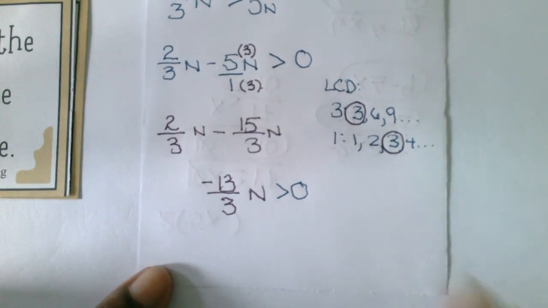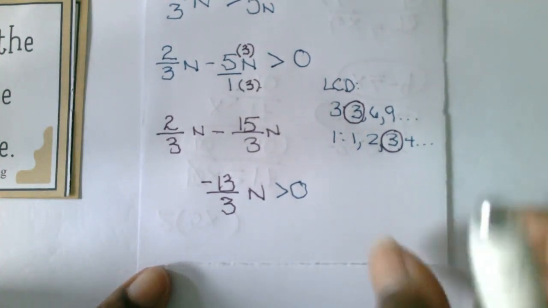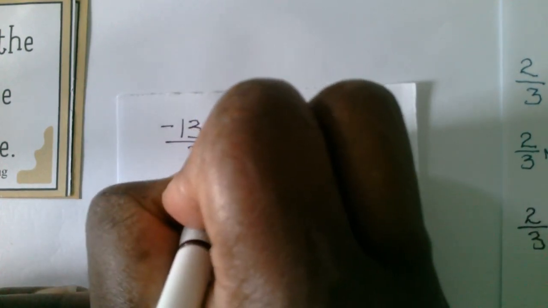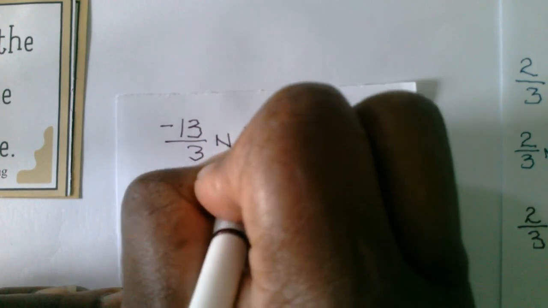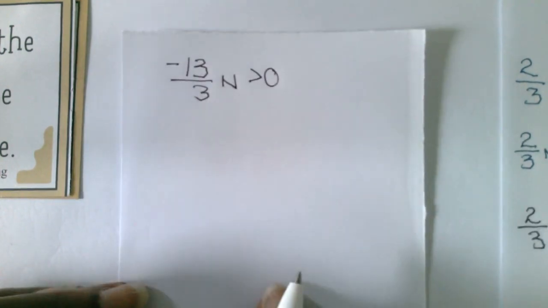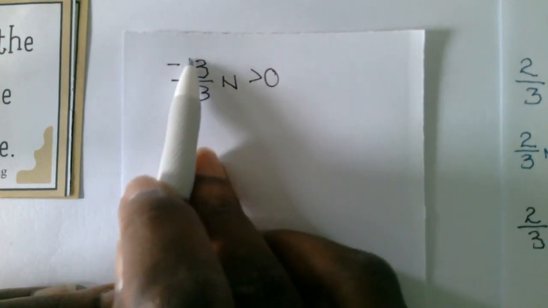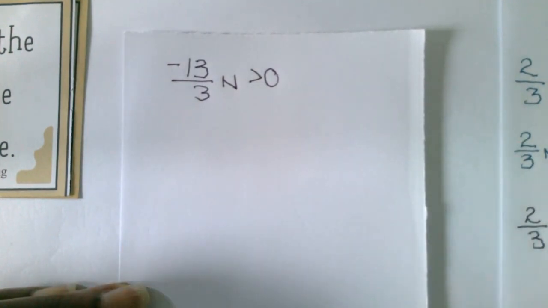I'm going to show you 2 ways, and you pick which way you want, because you're going to be the one taking the test, not me. I really want to make sure that you understand what's going on. We could, since we have division here, multiply both sides by 3.